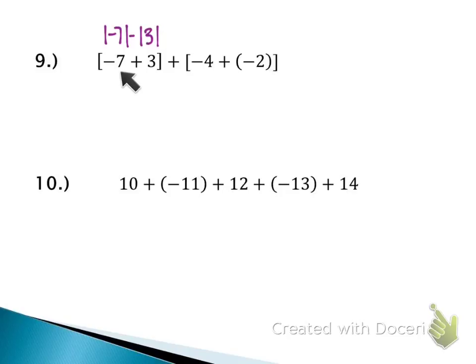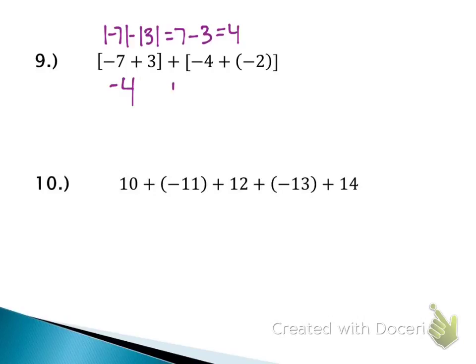Natalie, what did you get for negative 7 plus 3? Okay, so when we took negative 7 plus 3, we ended up with a negative 4.